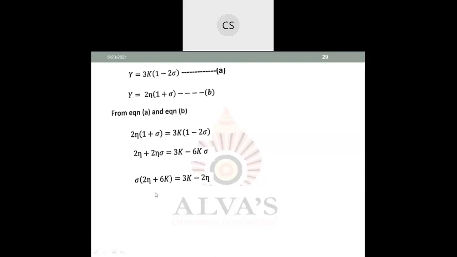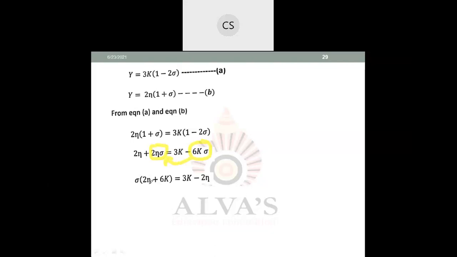Let us rewrite the expression. You can see sigma is common; the sigma term is here and here. So let us write the sigma terms together. Take this term to the left hand side and take sigma outside.